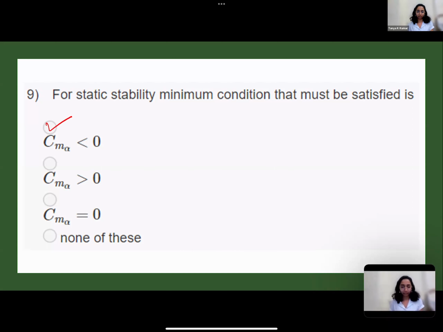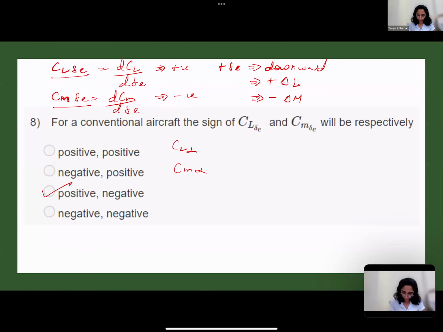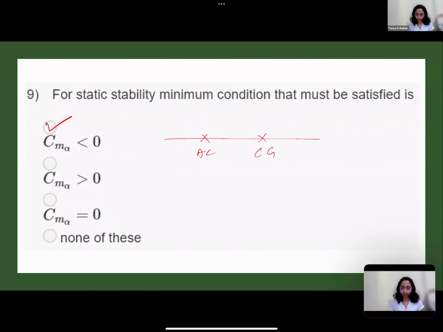I'll just try to tell you why this is the case. I think we have discussed this, but just for the sake of completion. So this is your AC and this is your CG. Now, if there is a gust, this was the first thing that we discussed initially, you have a delta alpha, and you want to come back to its equilibrium position.